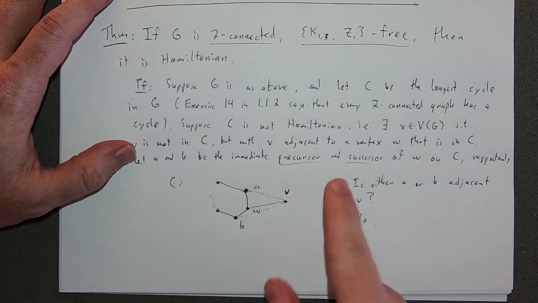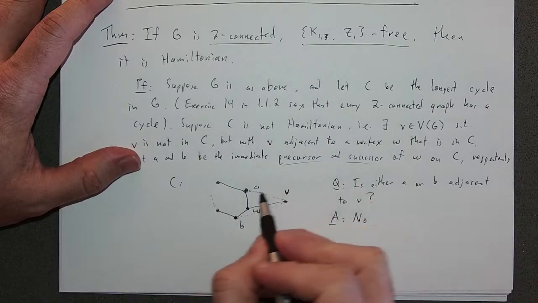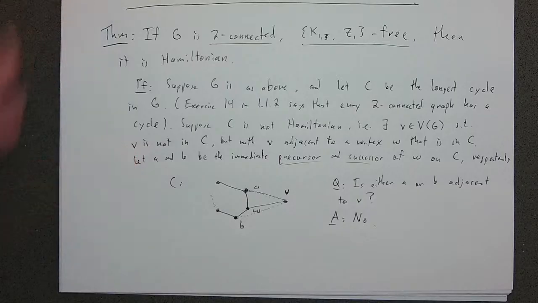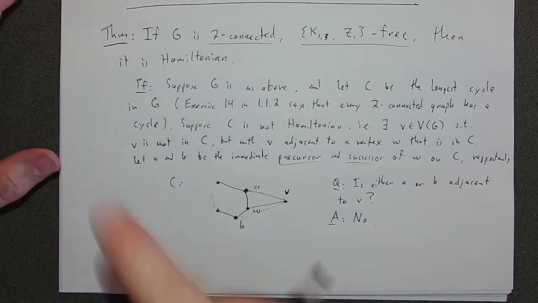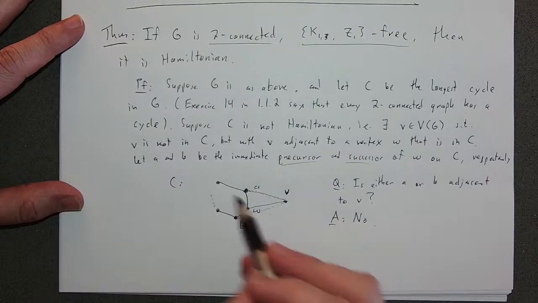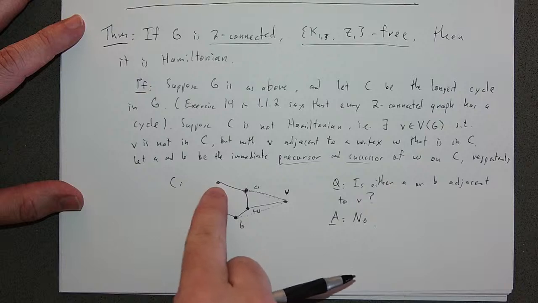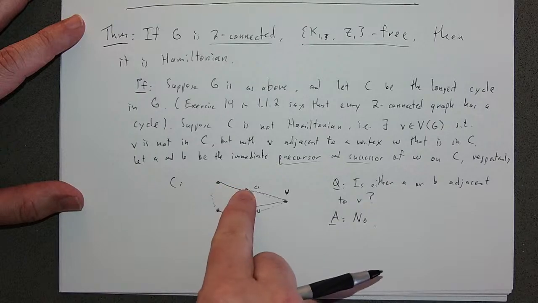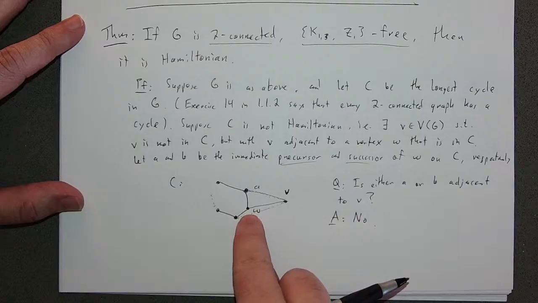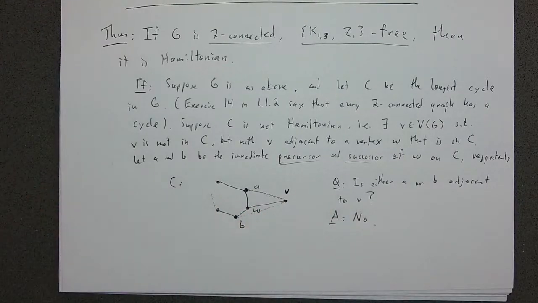Let's suppose that they were. So in this picture, suppose I fill in this edge. Well then, now I can form a cycle, call it C prime, that whatever it does outside of this picture is irrelevant, but when it gets to this part of the cycle, it goes from this vertex to A, from A to V, from V to W, since we know V is adjacent to W, then from W to B, and it proceeds as usual after that.